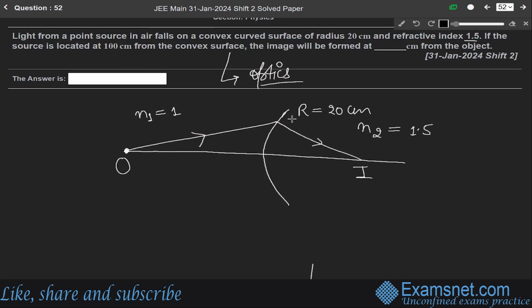If the source is located at 100 centimeter from the convex surface, it means here U is given as 100 centimeter. The image will be formed at dash centimeter from the object.